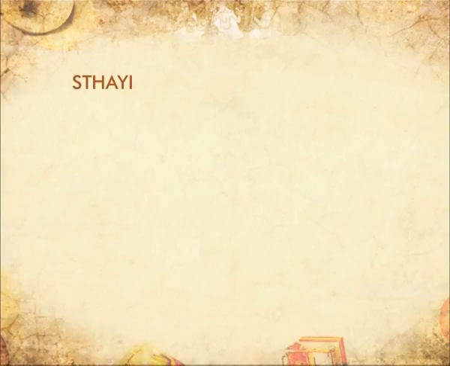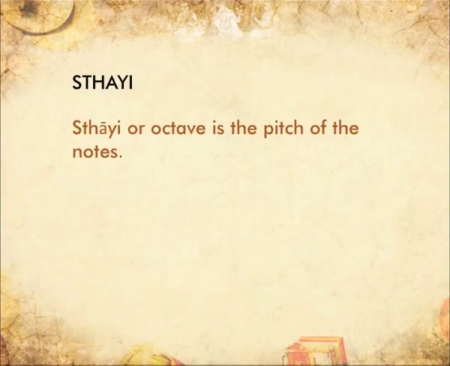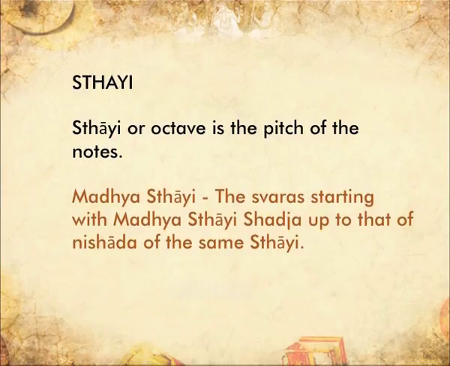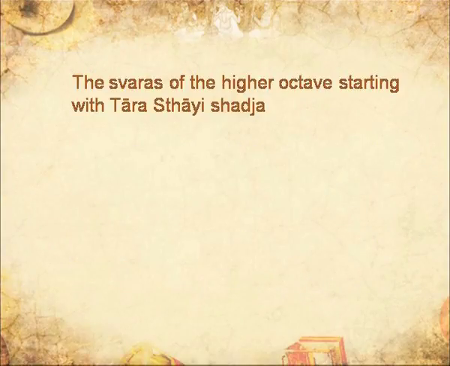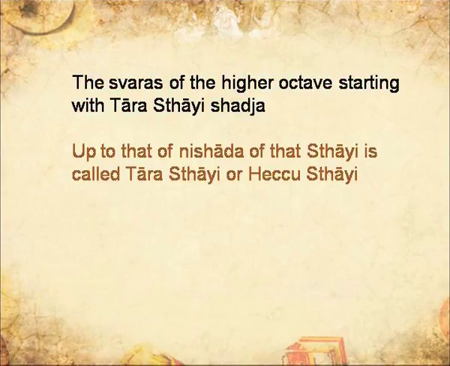Sthai. Sthai or octave is the pitch of the notes. The swaras starting with madhyasthai shadja up to that of nishada of the same sthai is called madhyasthai. The swaras of this sthai are written as sa, ri, ga, ma, pa, dha, ni without any sign. The swaras of the higher octave starting with tarasthai shadja up to that of nishada of that sthai is called tarasthai or hechasthai.